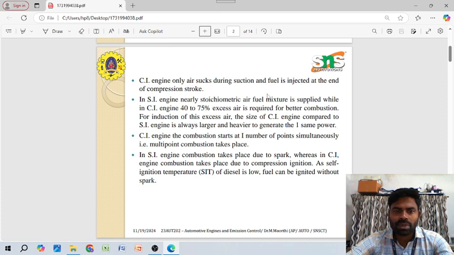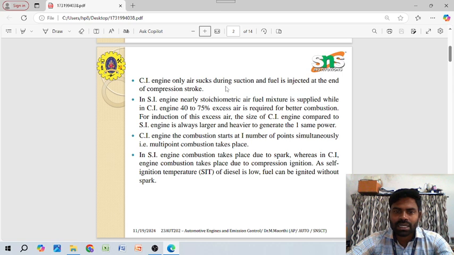During the second stroke, the compression stroke, the air is compressed so that it reaches a higher temperature and pressure. During the third stroke, the expansion or power stroke, the injector injects the fuel into the combustion chamber. The diesel is burned because of the high temperature of the compressed air.